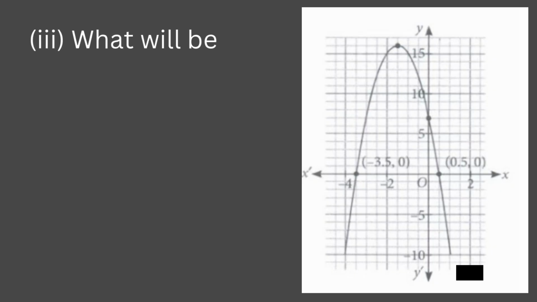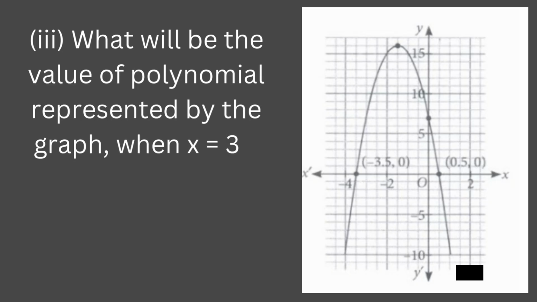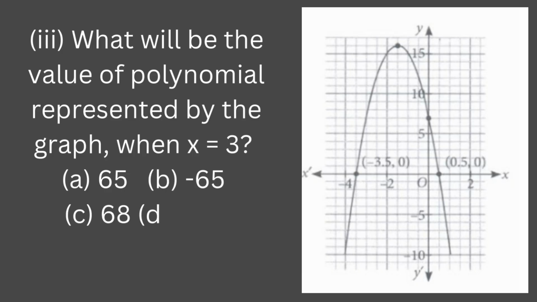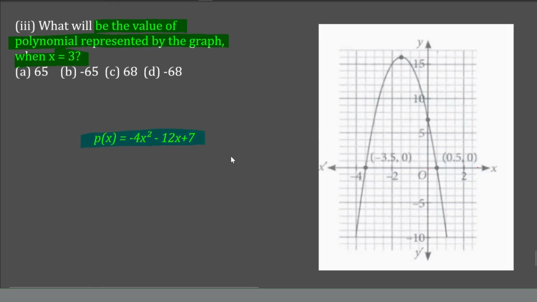In the third part, it says what will be the value of the polynomial represented by the graph when x is equal to 3. To find this, we write down the polynomial which we obtained in the previous part. Since we have to obtain the polynomial at x equal to 3, we are going to obtain P(3), replacing x with 3.